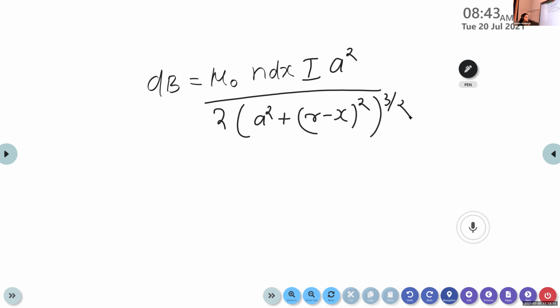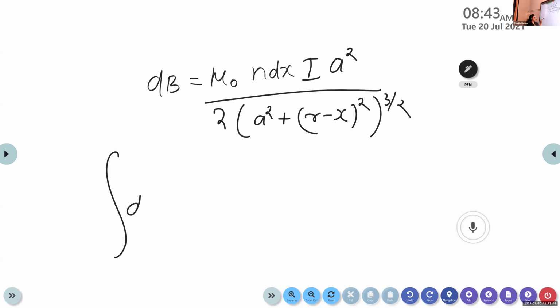Now, what is the next step? This is the magnetic field due to a small segment dx. Here we want to get the magnetic field produced at the point P by the entire solenoid. How can we obtain the total magnetic field from this small segment? By the process of integration. So in order to get the total magnetic field, we are going to integrate this equation.